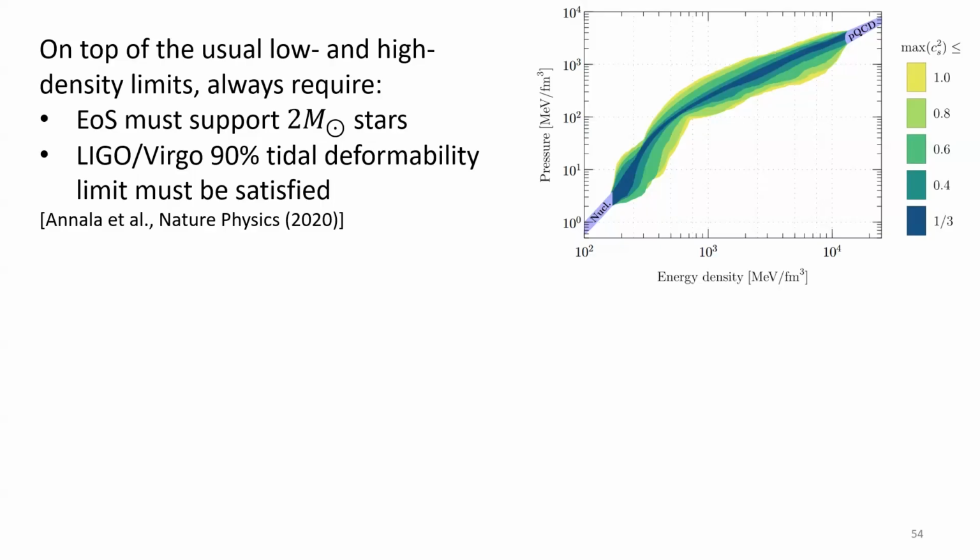So what you see here is our resulting band for the viable neutron star matter equation of state.